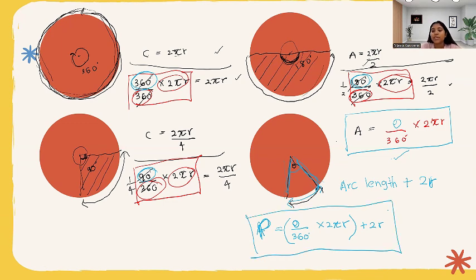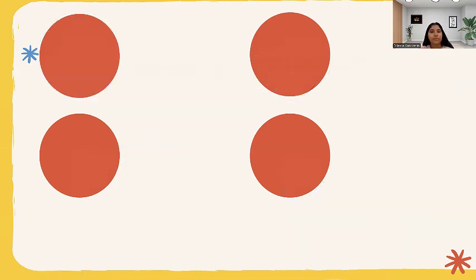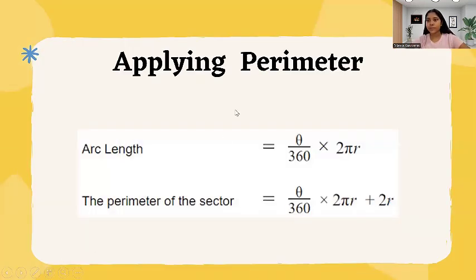This is the equation to find the perimeter of the sector of a circle. So these are two equations. This one is for finding the arc length and this one is to find the perimeter of the sector. So these are the two equations as you can see.